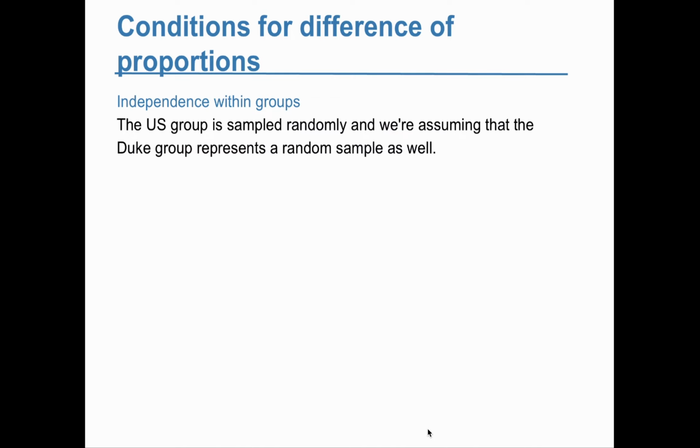Conditions for a difference of proportions. Independence within groups. The U.S. group is sampled randomly. We're assuming the Duke group represents a random sample as well. 10% condition: the sample of Duke students is less than 10% of all Duke students, and the sample of Americans is less than 10% of all Americans.